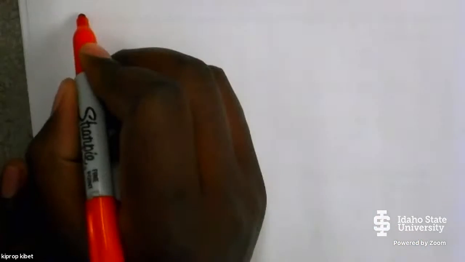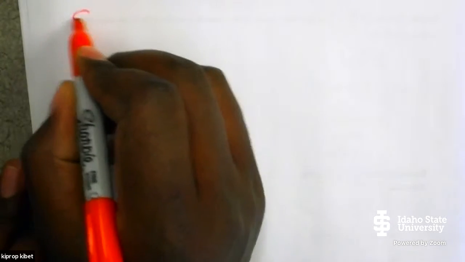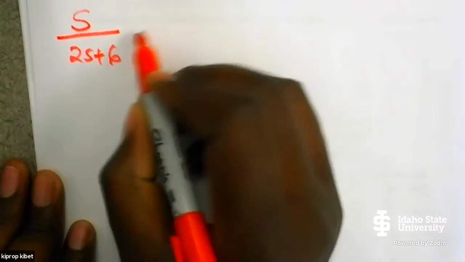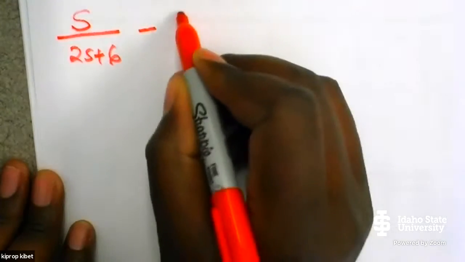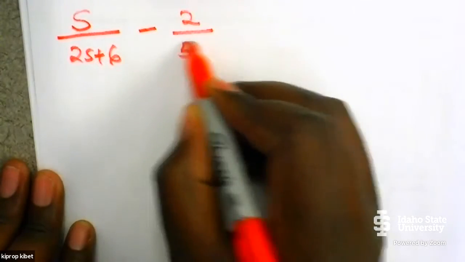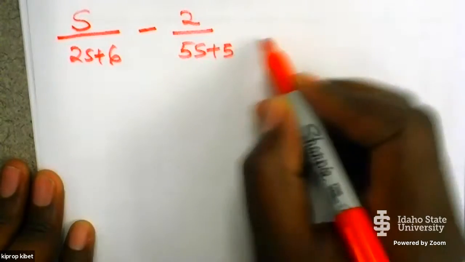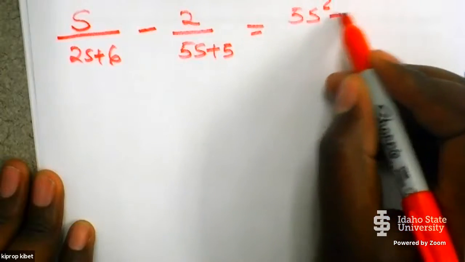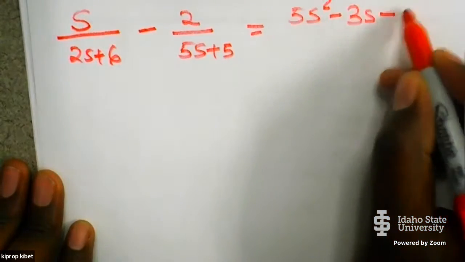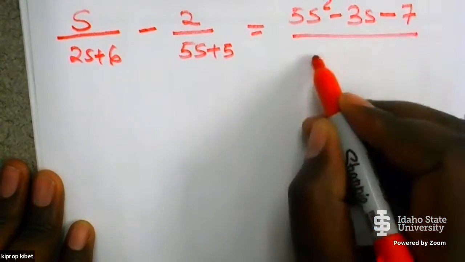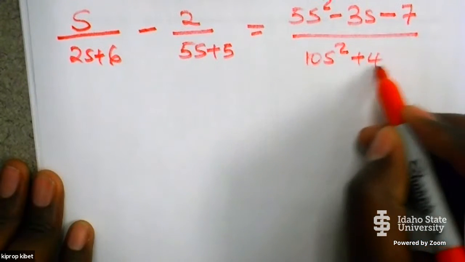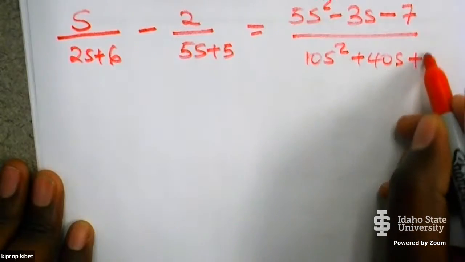So when you're told to solve s all over 2s plus 6 minus 2 all over 5s plus 5 equals to 5s squared minus 3s minus 7 all over 10s squared plus 40s plus 30.